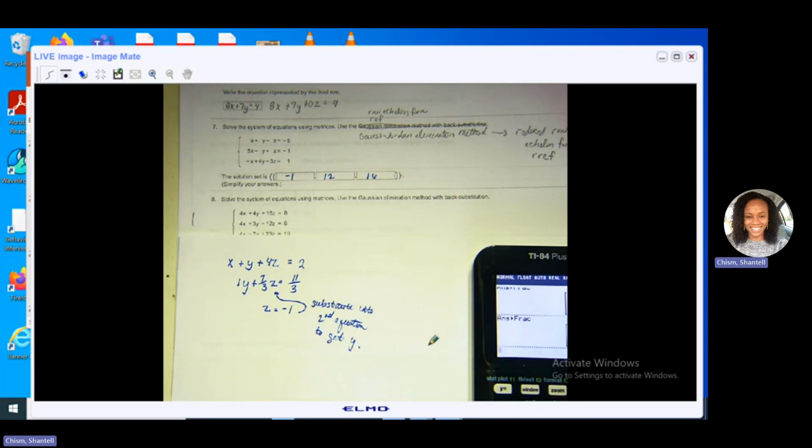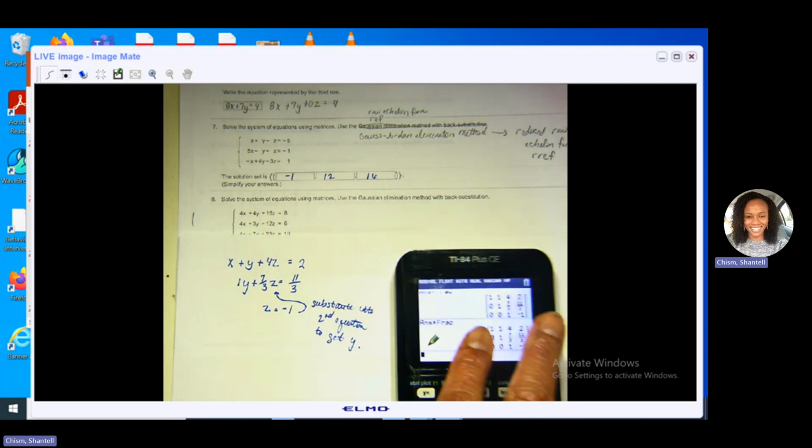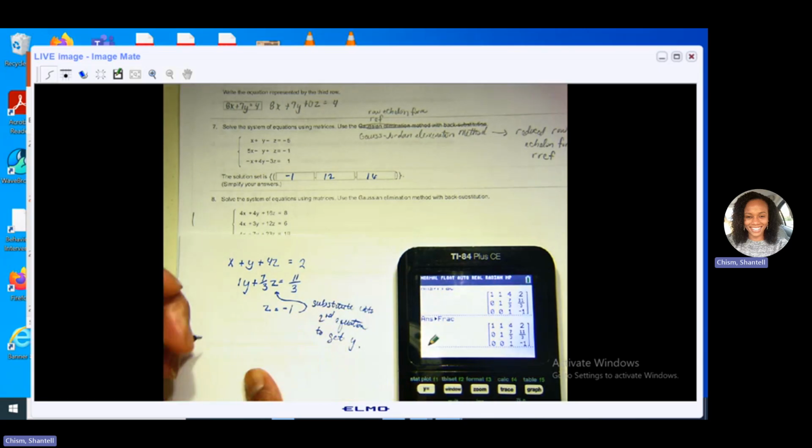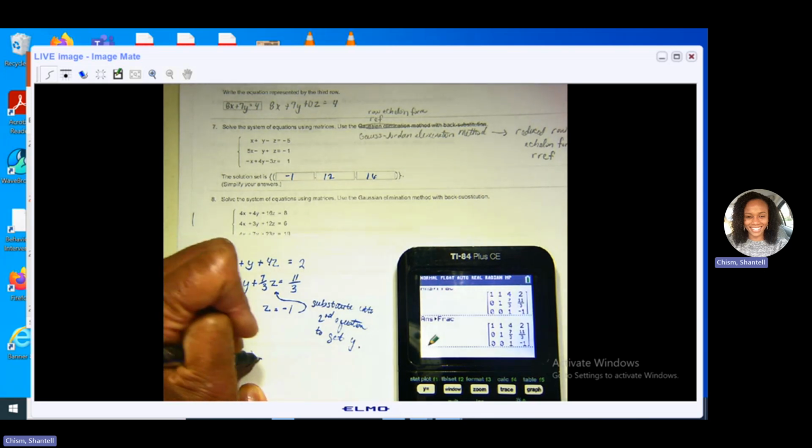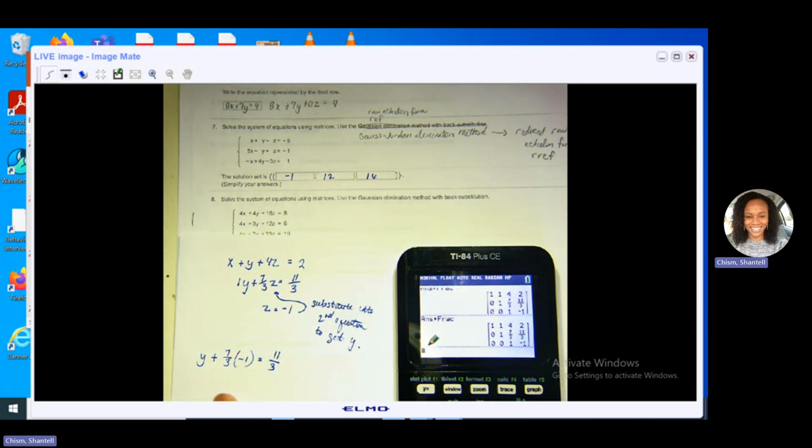So rather than do that, why not just go all the way down to reduced row echelon form and get the actual solutions for X, Y, and Z up front, okay? If I use back substitution, I would plug in this z, which is -1, and then solve y minus 7/3 equals 11/3.